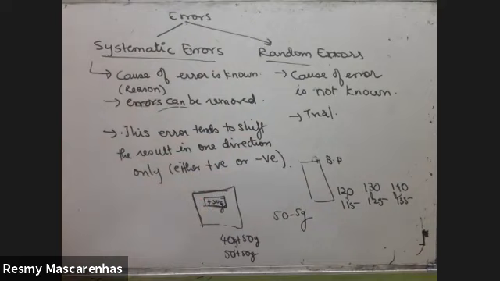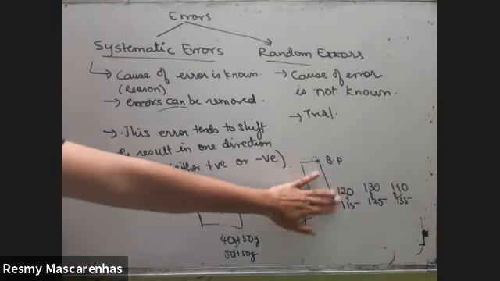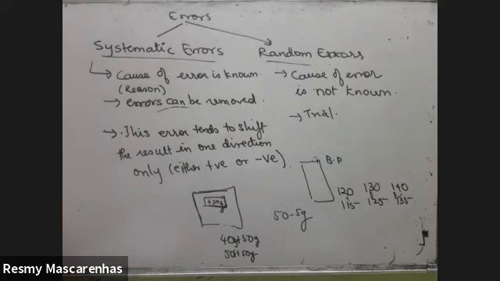Whenever there's an error that remains constant for every person, suddenly it will not show negative. So this type of error is called a systematic error. If it is a positive error, for every person you check, you will get that same positive error. If it has a negative error, a tendency to show a lower value than the actual one, then for every person it will show less only.